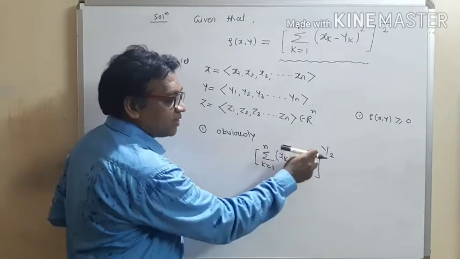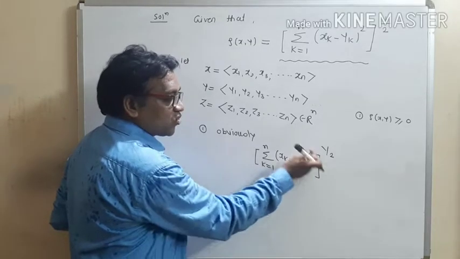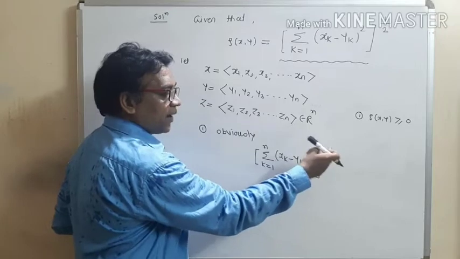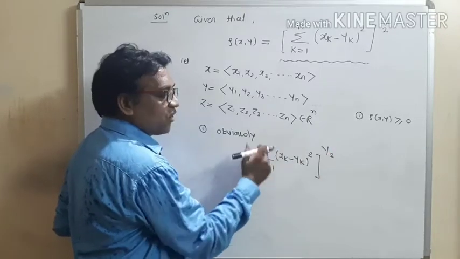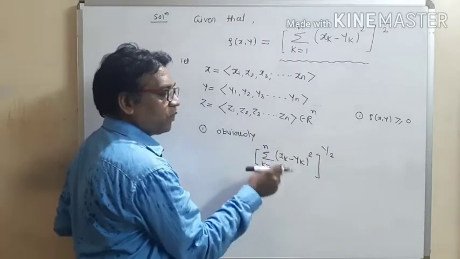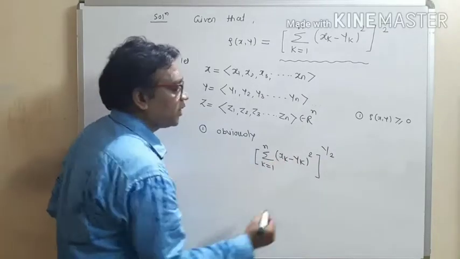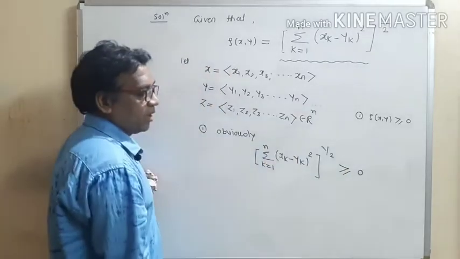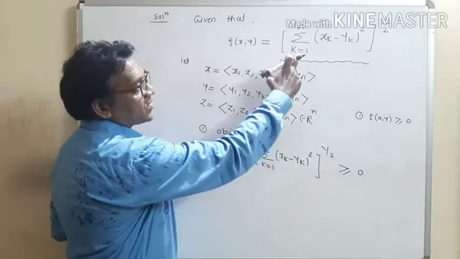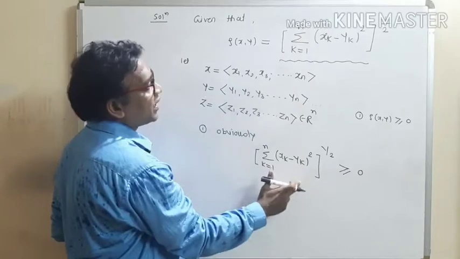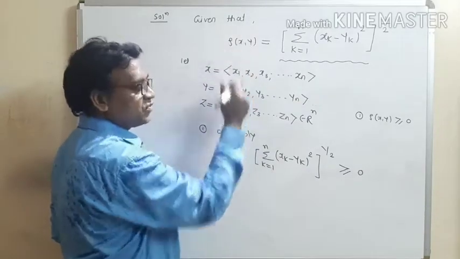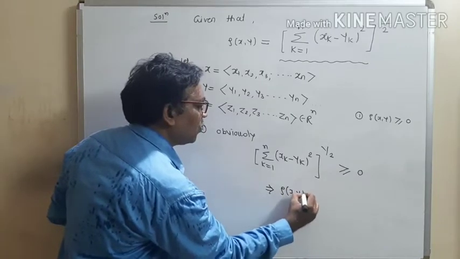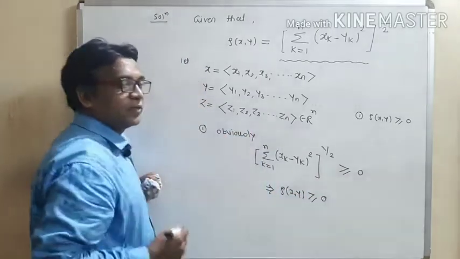This contains a square term. A square is always a non-negative term. And raised to 1 half means it is the square root. The square root of a positive term, or of a non-negative term, is always non-negative. So we can directly write that this is a non-negative term. And what is this value? (xk minus yk) square raised to 1 half is nothing but our distance rho xy. So write down, this implies that rho xy is non-negative.